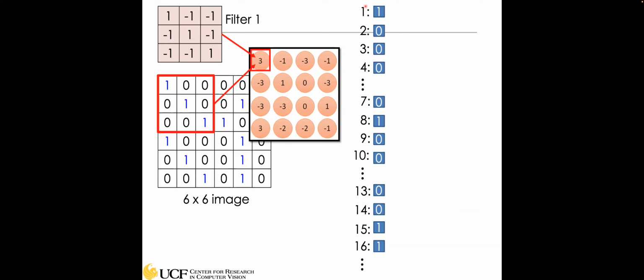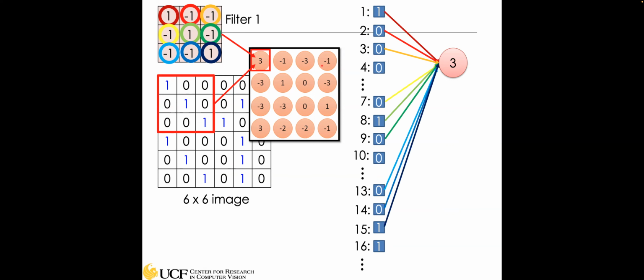I flatten them in this orientation, and I use different colors to indicate different weight positions. So you can see which elements of your input the output is connected to. The output is connected to only 9 of these inputs, at these positions.